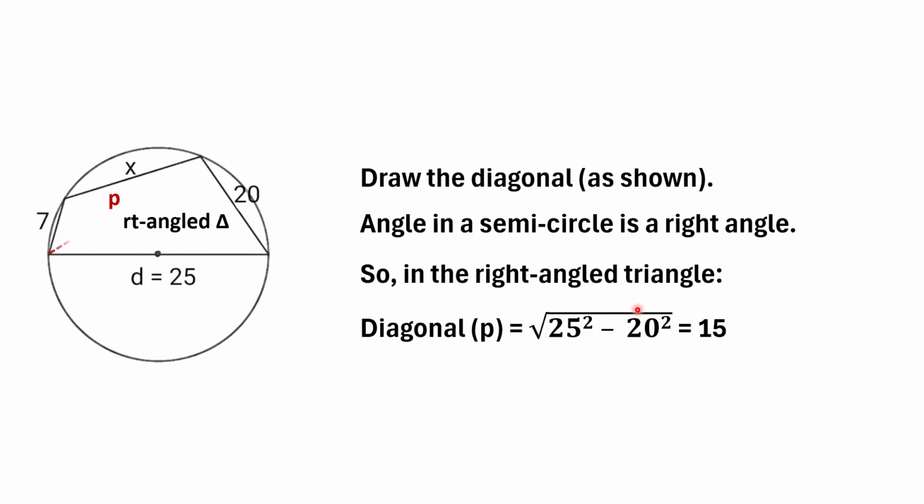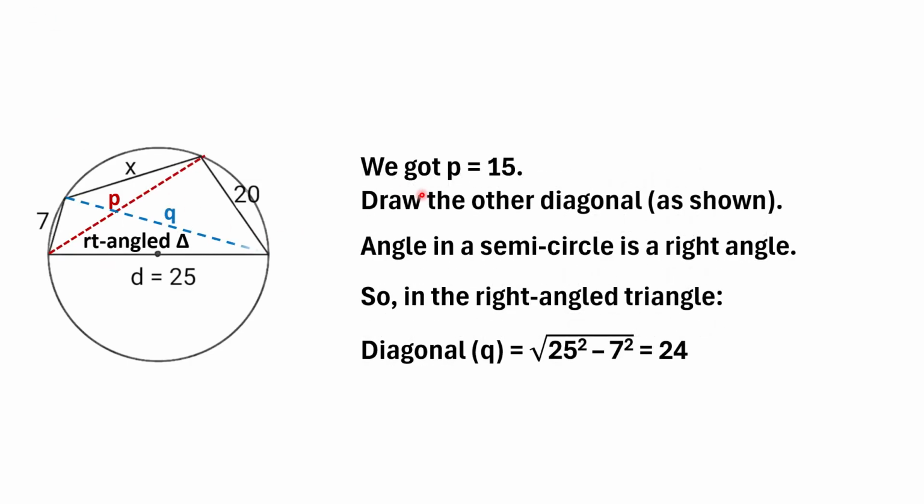The hypotenuse is 25 and one side is 20. 25 square is 625, minus 20 square, 400, that is 225, square root 15. So the length of the diagonal p is 15 units.